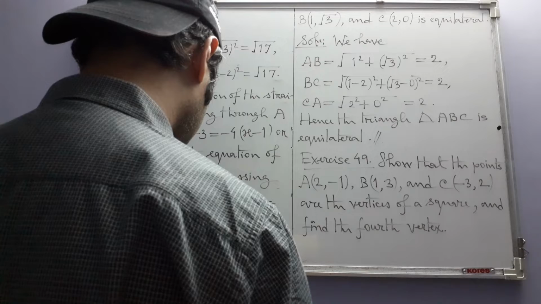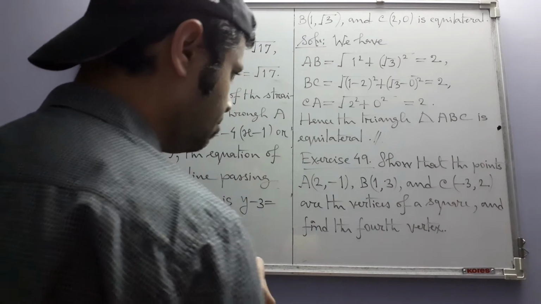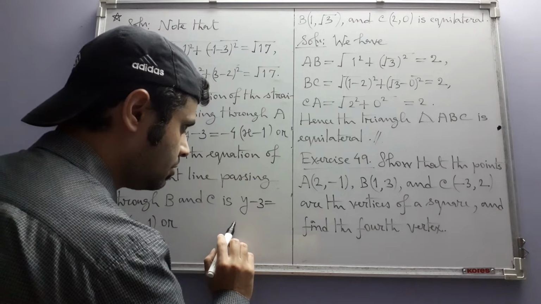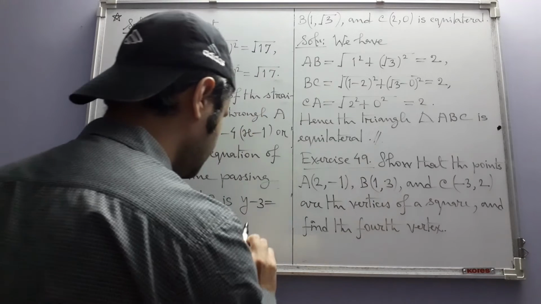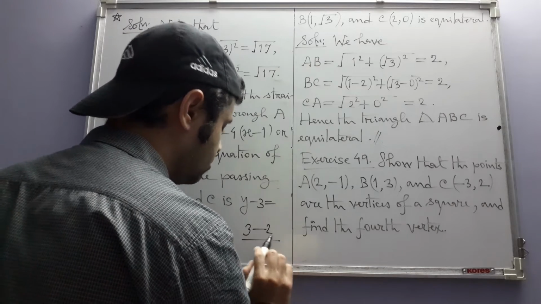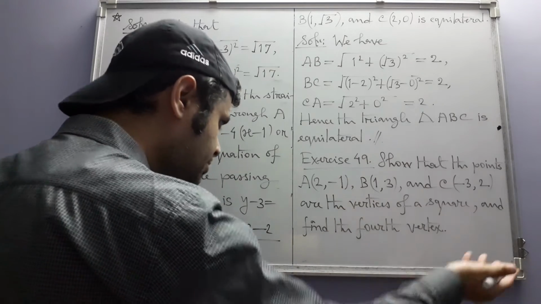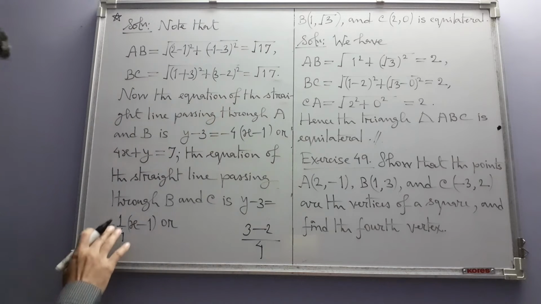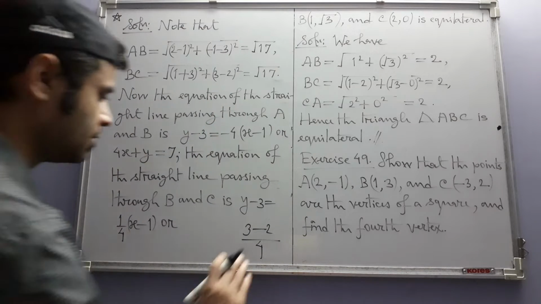Equation of the line passing through B and C. Oh yes, see, 3 minus 2 divided by 1 minus minus 3. So that means 4. It's not minus 1 over 4, it's 1 over 4 actually.